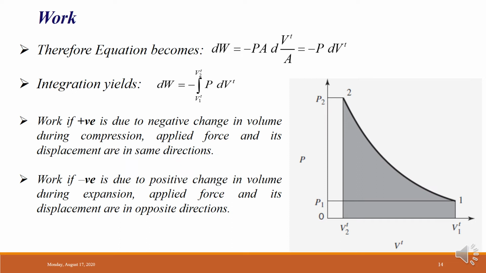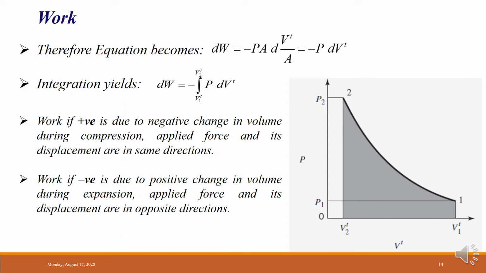So volume upon area is displacement here, right? So here A will get cancelled anyway, it is constant there. So it will get as minus P dV superscript t, right? So that is minus P dV. So if you integrate this, you will have dW. It is not dW, it is W is equal to integration V1t to V2t of minus P dV.